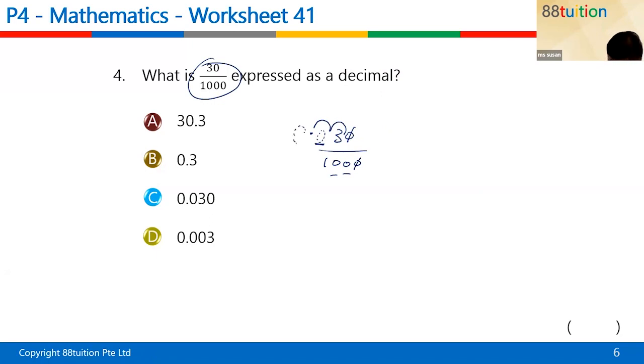So 0.03. Now 0.03 and 0.030 are equal. They are of the same value, because the placeholder behind the 3 is redundant. It can be there, it can also not be there. So that explains C.